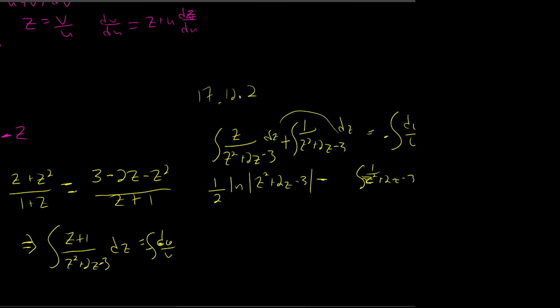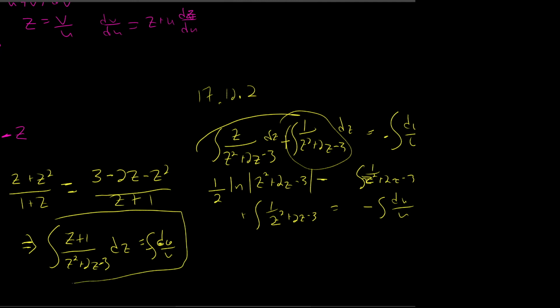But hey, I've got one of these positive here too, so they're going to cancel out. I don't even bother writing it. I know it's going to cancel. Equals the negative du over u. This form, I don't know why, I've been tutoring and teaching Calc and Diff EQ, this particular form pops up a lot.